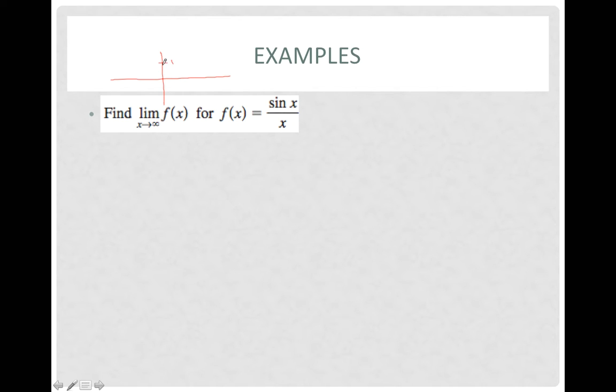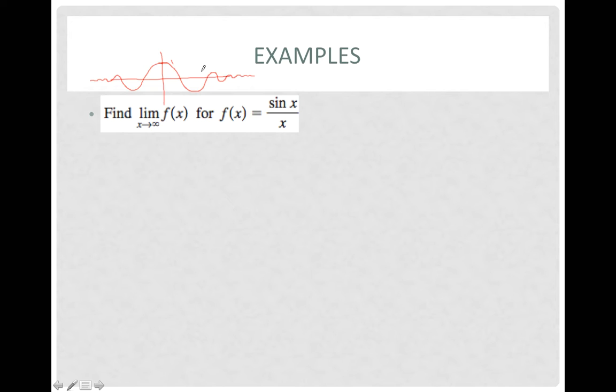If any of you graphed this, you would have known that this function does this, and then this, and then this, and it just keeps getting smaller and smaller as it goes to the right, and it does the same thing as we go to the left. It's symmetric. But we want to know what happens as x gets really big.